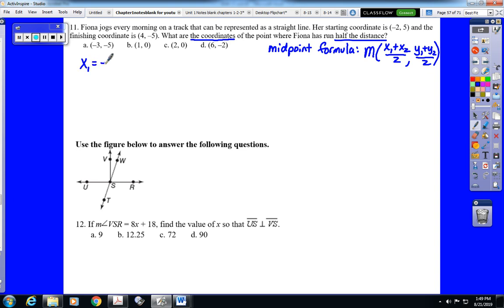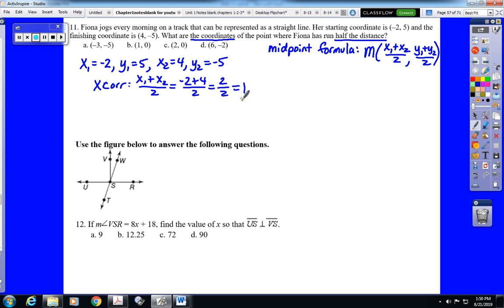So we have our 2 points. x1 is -2, y1 is 5, x2 is 4, and y2 is -5. We're going to break that down and do the x and y coordinates separately. We're going to do the x coordinate first. x1 plus x2 divided by 2 is -2 plus 4 divided by 2, which is 2 divided by 2, or 1.